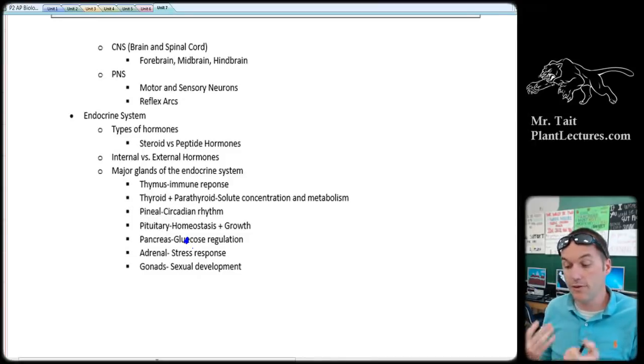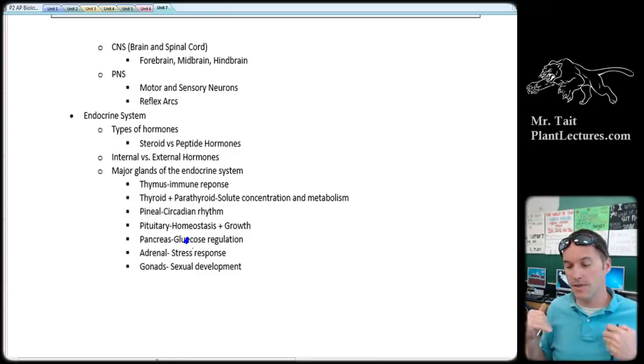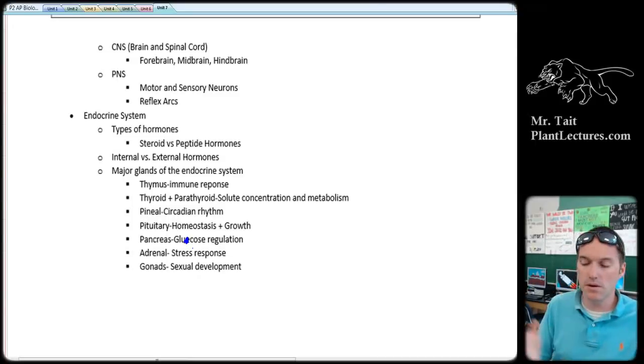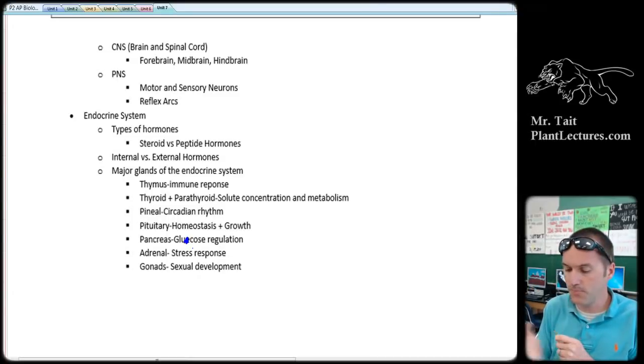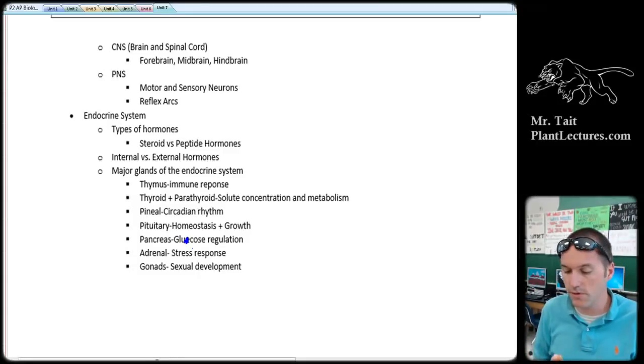And then later on, if you need glucose, like if you haven't eaten for a while and you're starving, your body then releases the other hormone from your pancreas, which is called glucagon, and glucagon then leads to your muscle cells and your liver cells breaking down that stored glucose, the stored glycogen, and they break it down into glucose and then release the glucose into the blood to raise the blood sugar to allow other cells to use all that stuff.